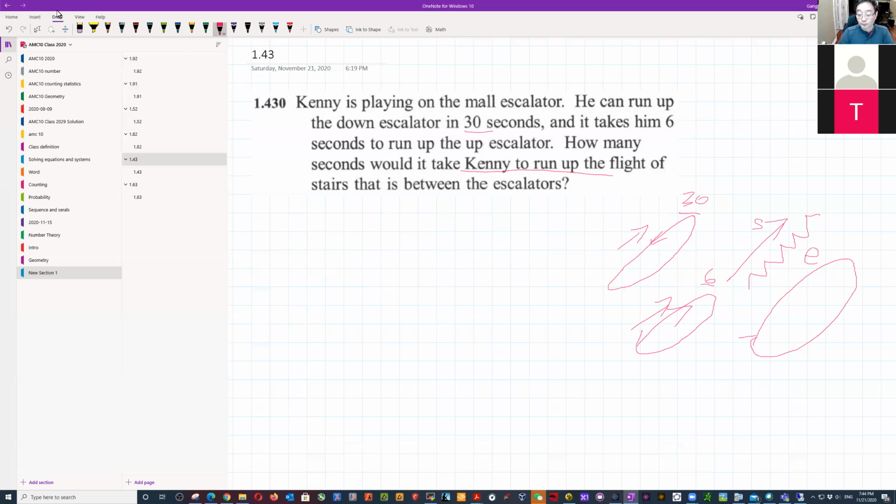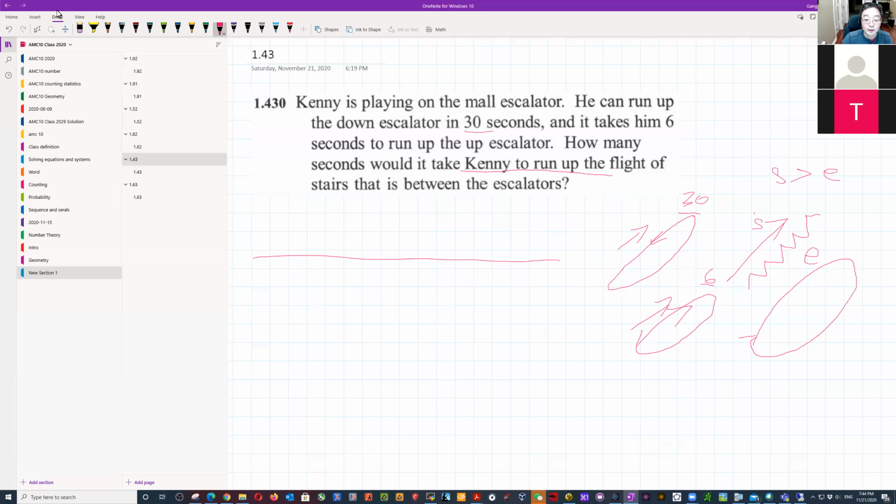So this is the stair speed, and this is the escalator speed. Obviously the stair speed is faster. Otherwise, if you were running up a down escalator, you would never reach the top. You would just always stay at the bottom. So we know that the stair speed is bigger than the escalator speed.